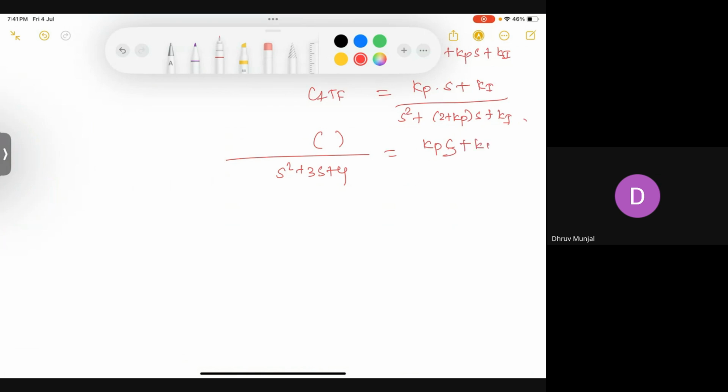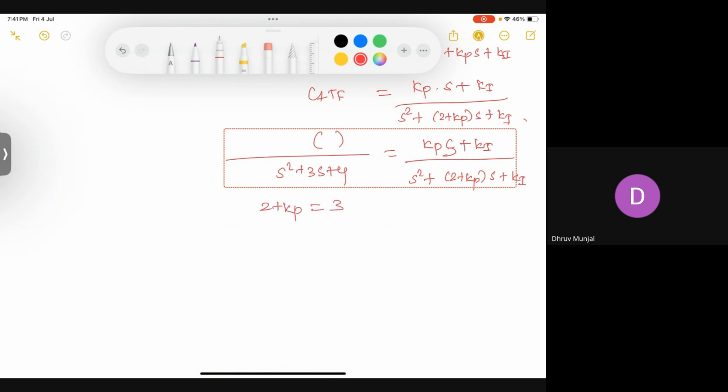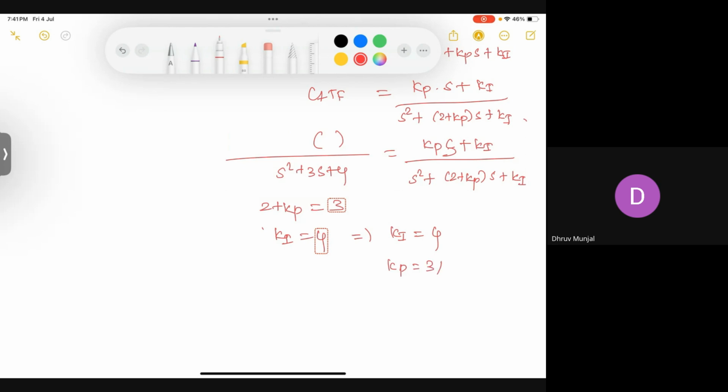Kps plus Ki divided by S square plus 2 plus Kp into S plus Ki. So equating this, you would get 2 plus Kp equal to 3, Ki equal to 4. So Ki is straight away 4. Kp would be, you know, the controller gain.